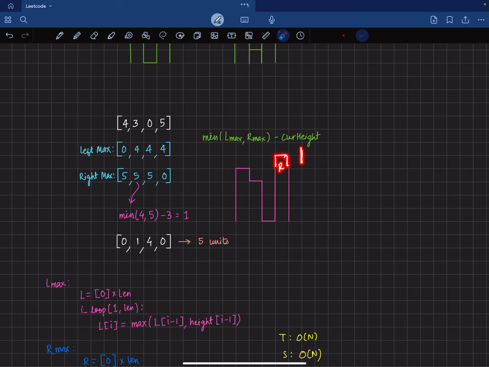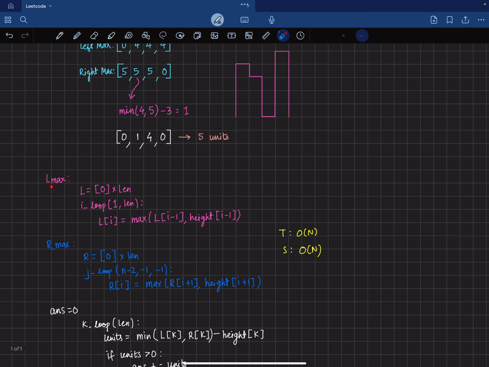If I am on the right edge, there is no edge on the right, so water will spill to the right. So always, at the edge, the amount of water getting trapped is 0. Water can only be stored after the edges, in any region in between them. So these are the simple calculations of the array, and if you sum it up, we get 5 units, which is exactly what we saw in the diagram, right?